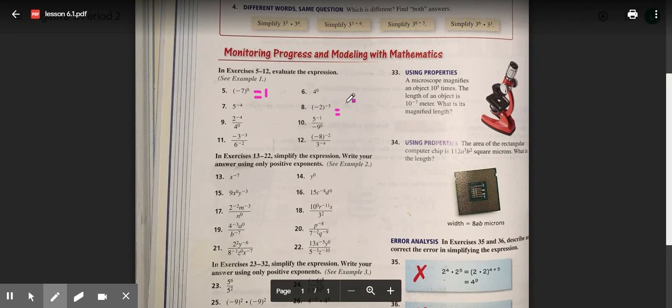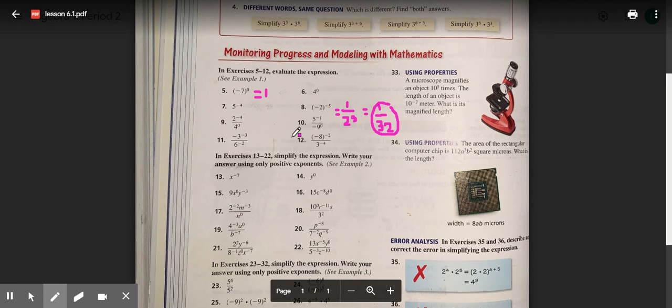But I have a negative exponent, so I have to put a 1 as my numerator. So I'm going to do 2 steps. I'm going to put 2 to the positive 5th power, which is equal to 1 over 32. This is your evaluated expression.